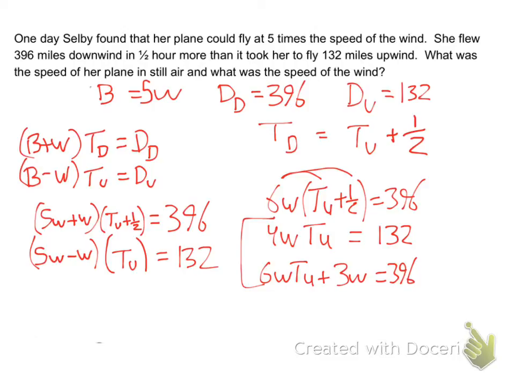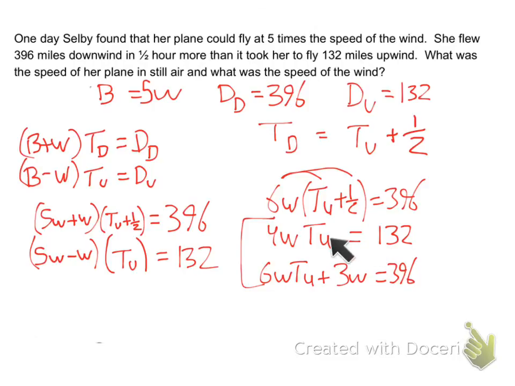This is a unique problem type. I don't have just W equals because I have a W times a TU. I can't separate those guys. But what I can do to make this a lot easier is, can I isolate a WTU? Can I act like a WTU is its own thing? Yes.